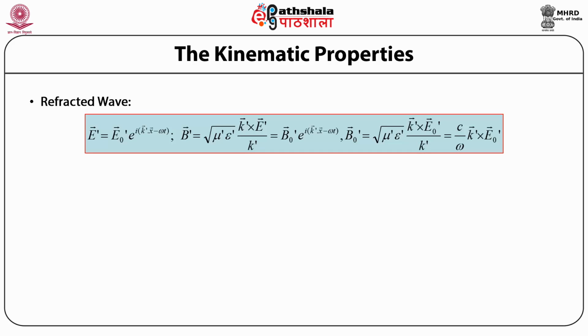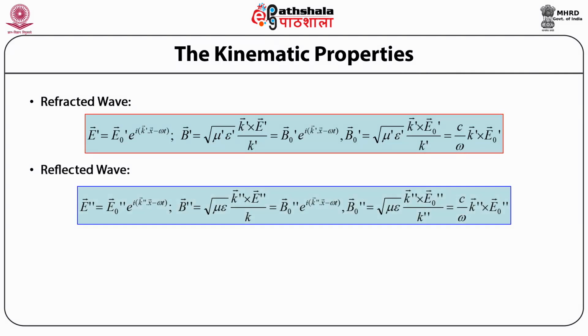And then using the above relation that we had got for the wave number k prime, we can rewrite this equation as equal to c by omega times the wave vector k prime cross product with the electric field vector E naught prime, that is the amplitude.